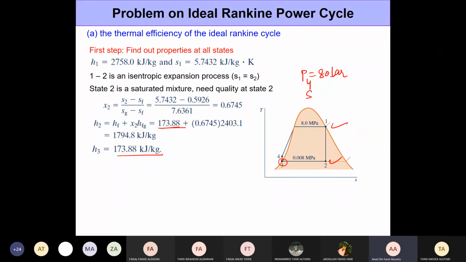So we have an entropy, S4 equal to S3. You may be able to go to the tables and pick up the value of enthalpy. You may of course require some interpolation, okay, but it's sort of doable.